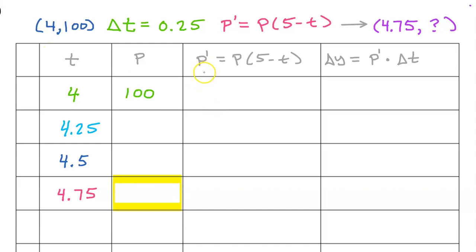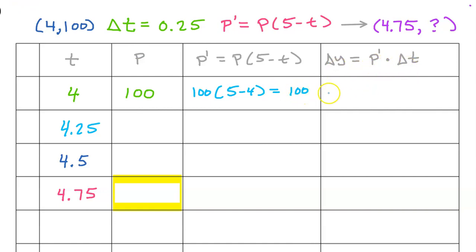We need to find p prime at (4, 100). So p prime is equal to p, 100, times 5 minus t, so 5 minus 4. 5 minus 4 is 1. 1 times 100 is 100. Delta y is p prime times delta t.